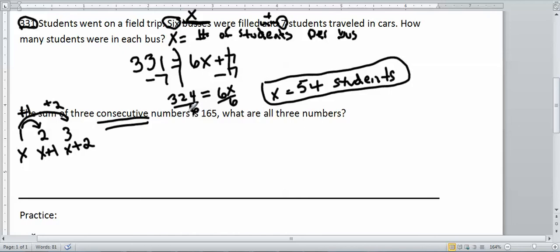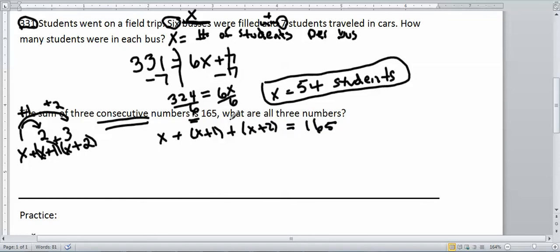And it says is 165. So not only am I adding all of these numbers together, so x plus 1 plus x plus 2, it's telling me that the solution is 165. So if I write that out, x plus 1 plus x plus 2, the answer has to be 165.